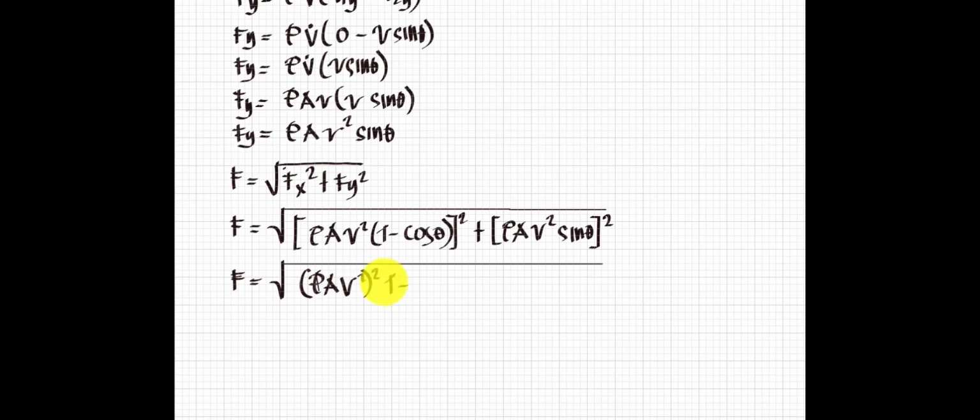Then we have 1 minus cosine of theta, that will be raised to squared. Then plus your density, area, velocity squared, so this will be again raised to square. Then multiply by sine of theta, so this is also squared, raised to exponent of 2.